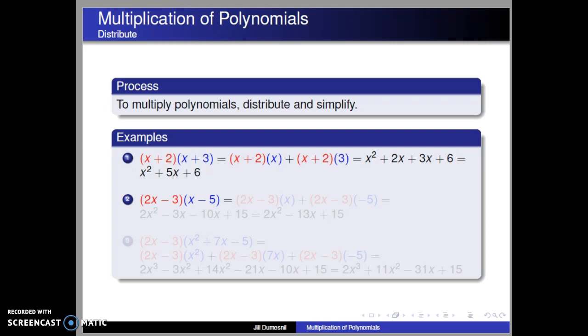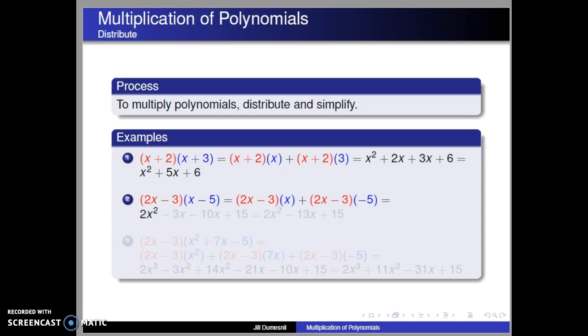Let's multiply 2x minus 3 times the quantity x minus 5. We will again distribute the first polynomial over the second. We get 2x minus 3 times x plus 2x minus 3 times negative 5.